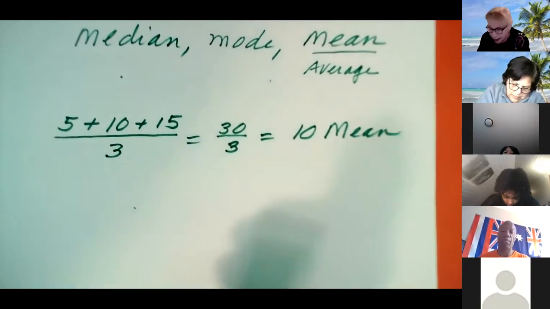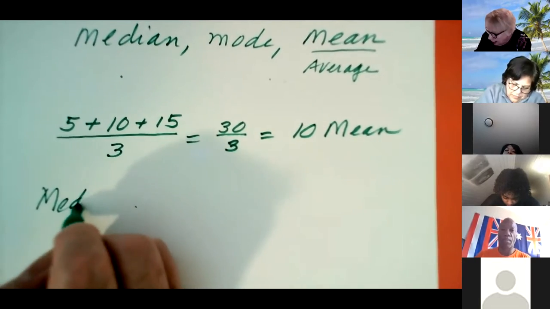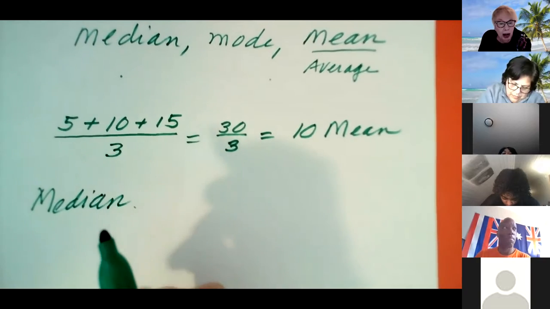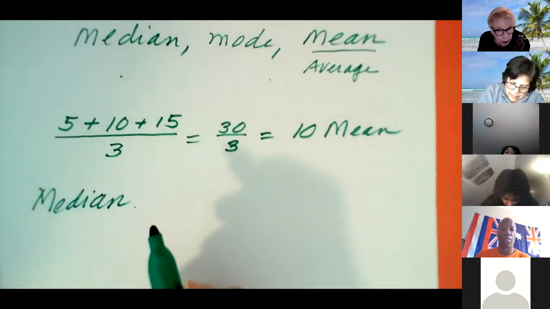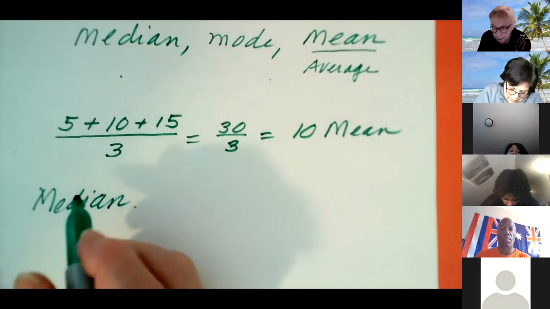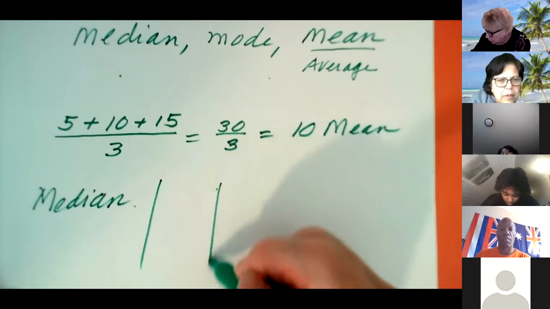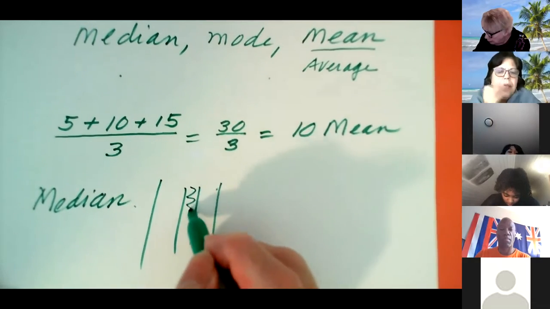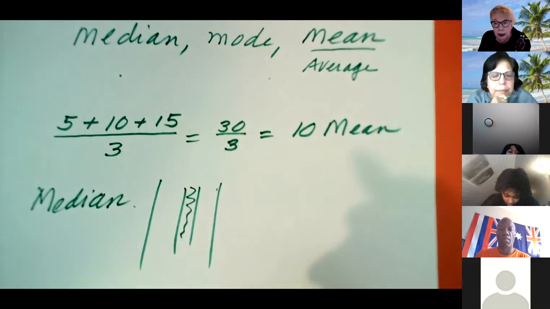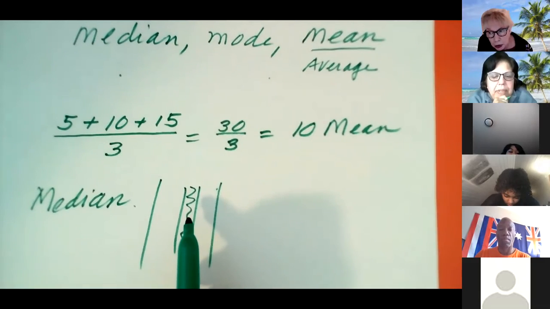What about the median? I think this is probably going to be thrown out, but this is good stuff because you'll need it sooner or later. The median, you know, in a highway, sometimes they have grass in the middle, and they call this the median strip. Does anybody know that?